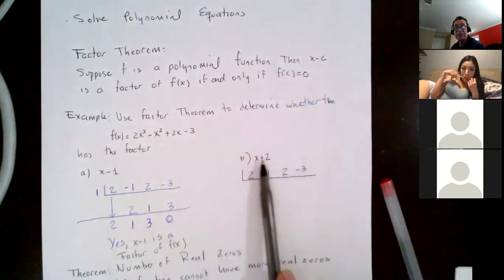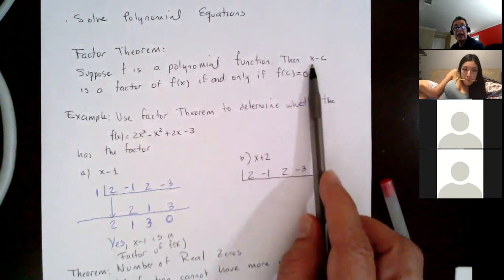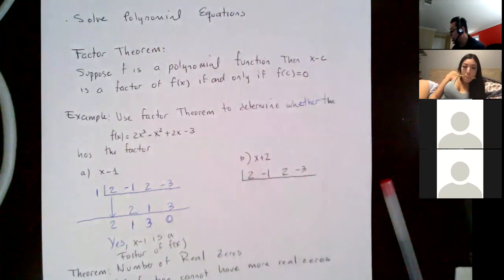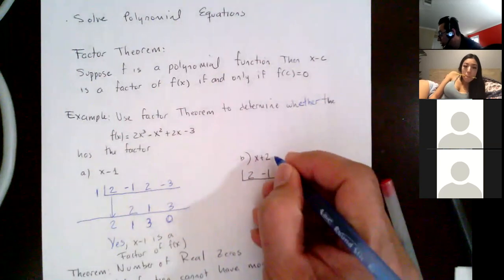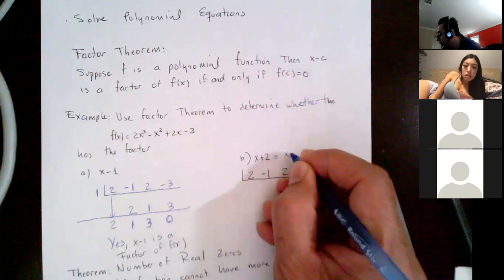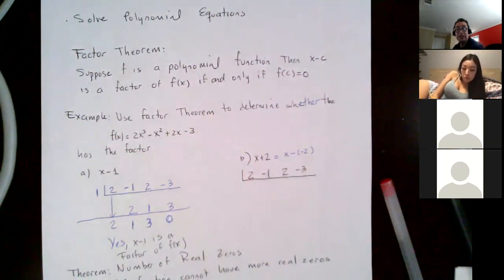Notice here it is x plus 2, but remember, it has to look like x minus c. So I can use this trick: x plus 2 is the same as x minus negative 2. Are those two the same? Yes.